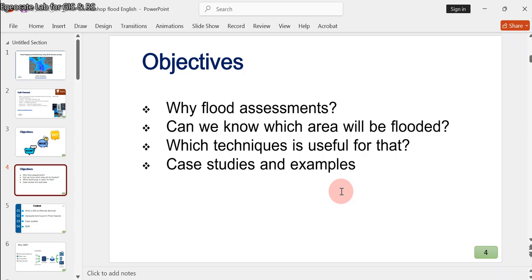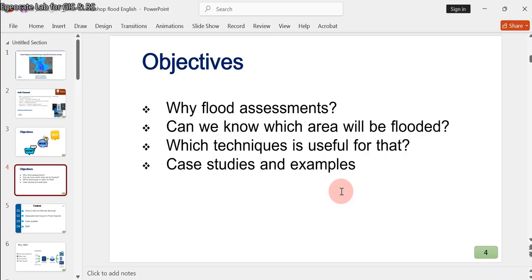After that, there's a significant question, actually the most significant question for urban planners and decision makers, which is this: can we exactly know which area will be flooded or not? This is a very important question to answer. But can we know that actually? We will answer this question. If the answer is yes, how can we do that?